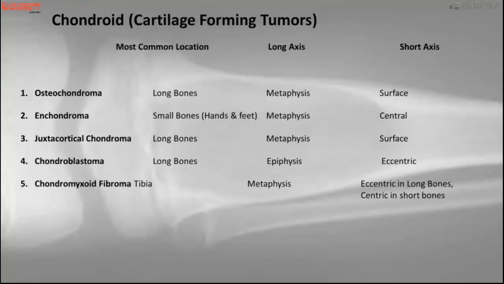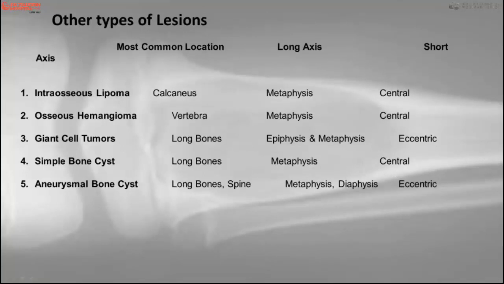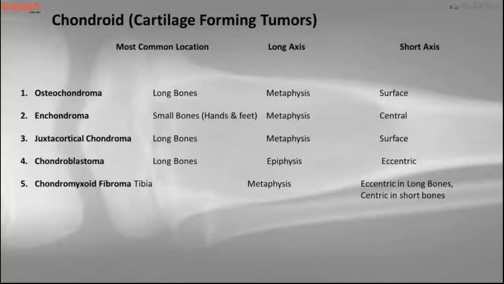Then cartilage-forming tumors, as we all know, osteochondroma and chondroma, juxtacortical chondroma, chondroblastoma, and chondromyxoid fibroma. Osteochondroma is the most common benign bone tumor. Again, it is in the long bones, usually on the surface, and chondroma is in small bones, and usually they are central.